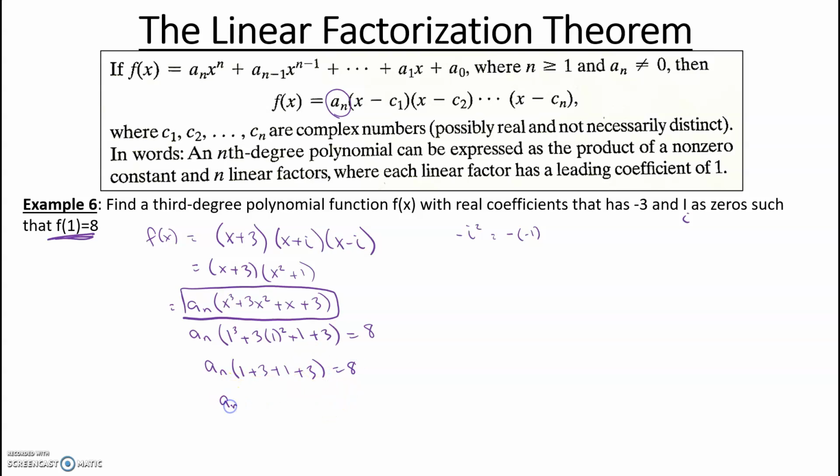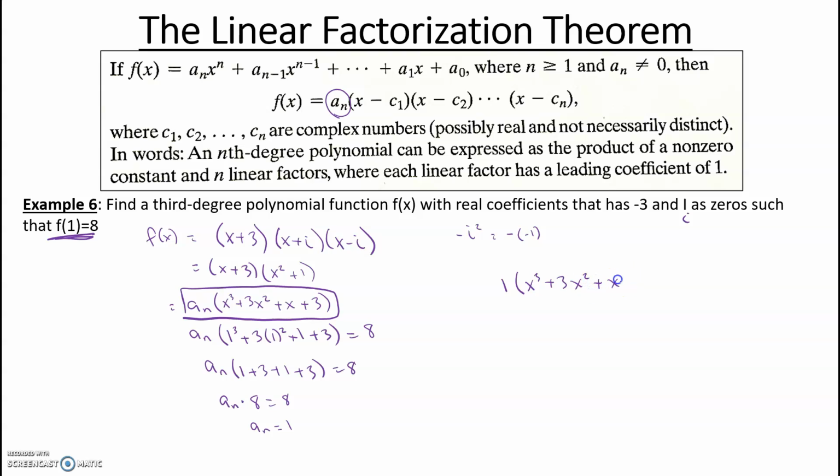So what do we have? A sub n times 8. So to get a sub n alone, we're going to divide both sides by 8. We know a sub n is 1, which means we're multiplying this by 1. So really we have 1 times all that stuff.